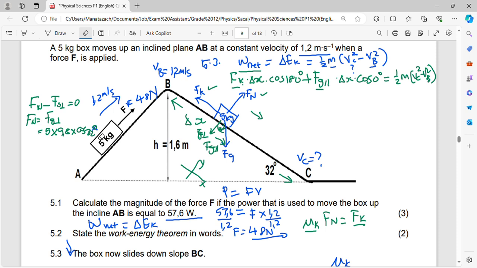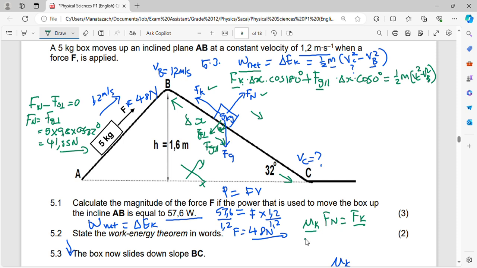So the Fn here would be 5 times 9.8 times cos of 32 degrees. It's going to give me 41.55 Newton. Now that I know what Fn is, I can come back here to my formula.